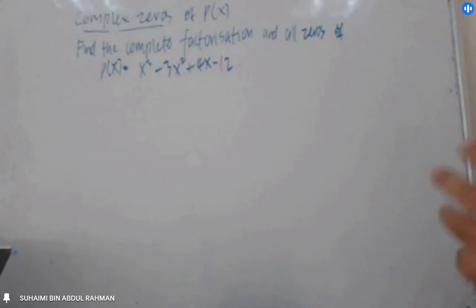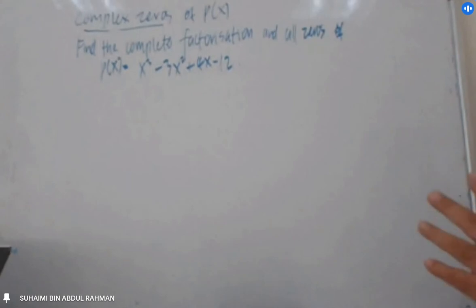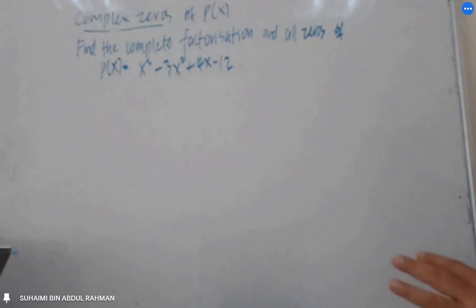Remember that we had three parts. Part A is Descartes' rule, part B is the list of possible rational zeros, and part C is synthetic division.